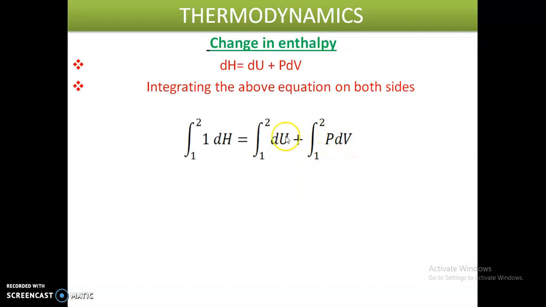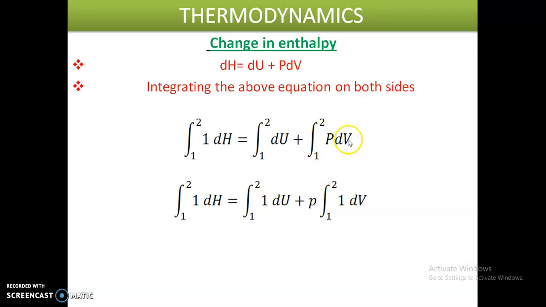We can write this equation again: integral 1 to 2 of 1 dH is equal to integral of 1 dU plus, for this term, we are integrating with respect to volume.